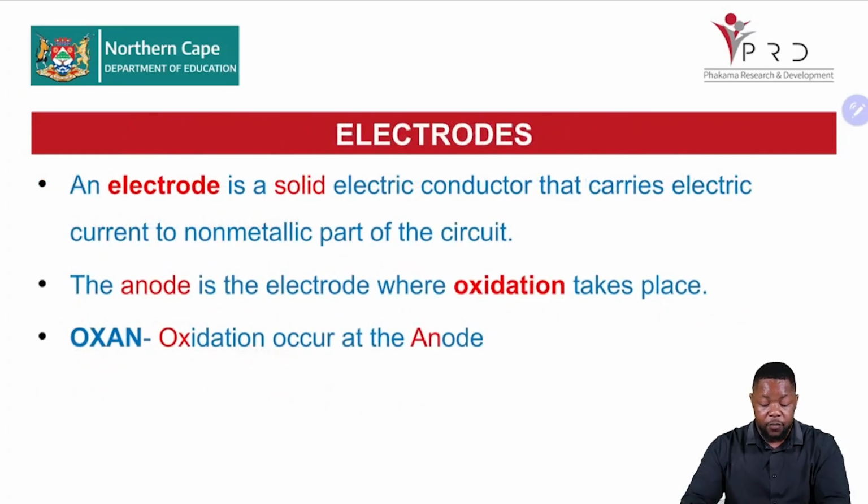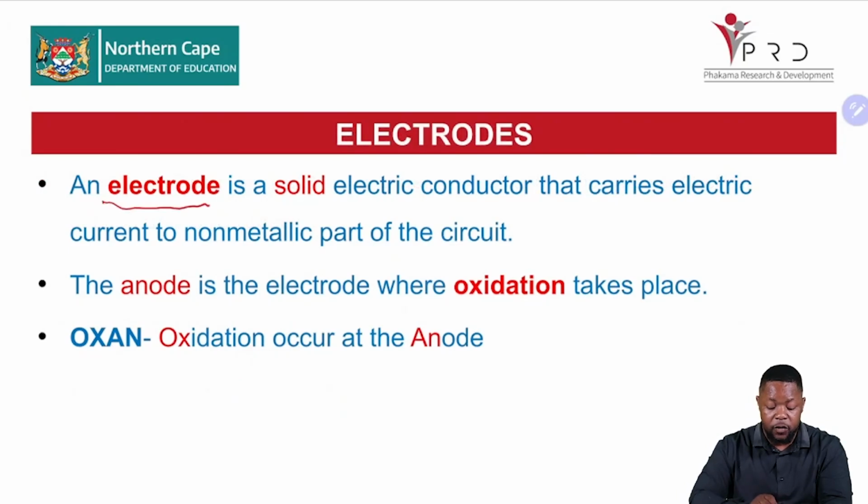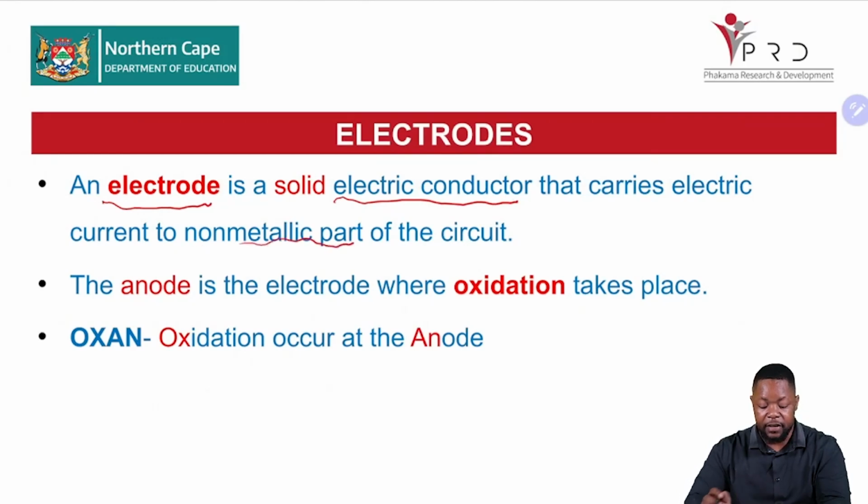The electrode. What is an electrode? An electrode is a solid electric conductor that carries electric current to non-metallic part of the circuit.